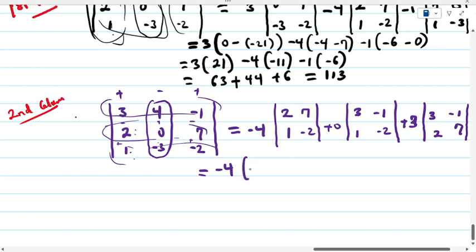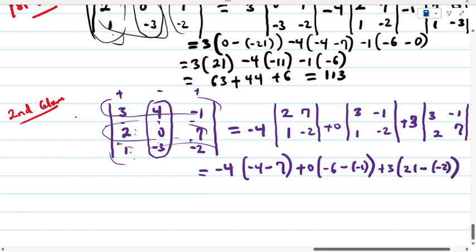Minus 2 times 2, that is minus 4. Minus 1 times 7, minus 7. Plus 0. Minus 2 times 3, minus 6. Minus 1 times minus 1, plus 1. Just be careful of negatives. They are very dangerous. 7 times 3, 21. Minus 2 times minus 1, plus 2. So we have minus 4, minus 7, minus 4, that is minus 11, right?